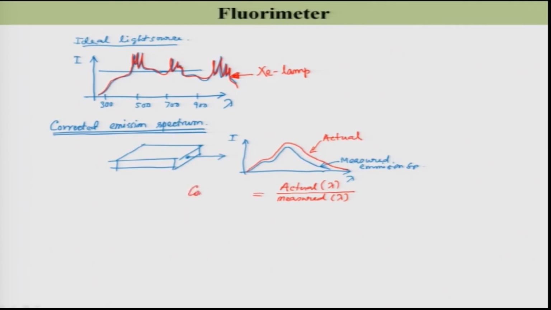You will get this correction, which obviously depends on the lambda. So, at this wavelength, let us say here it is overlapping, in this region this value will be near to 1, and in this region this value will be greater than 1. So, you will get a correction term as a function of lambda in this case.